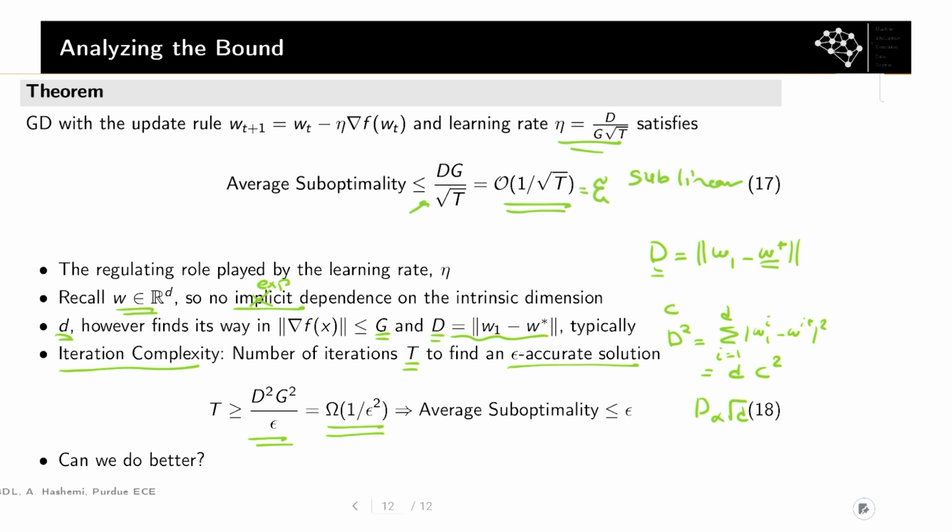So what's the best that any algorithm can do when optimizing a function if that algorithm has only access to, let's say, the gradient information? Gradient descent is one algorithm. Maybe I can come up with a better algorithm. It turns out for this class of functions, convex and Lipschitz, we can't do better in the worst case.